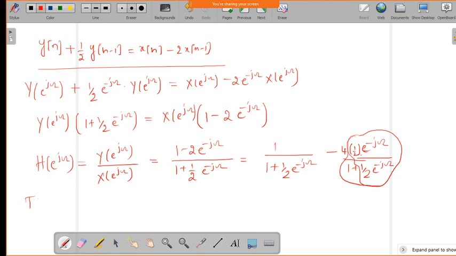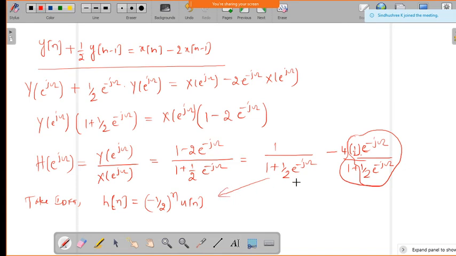So now you take the inverse DTFT. Okay, so you will get h of n. Now what is h of n? Here the plus is there, so we will get minus half power n into u of n for this one, and for this one minus 4 into half power n minus 1 into u of n minus 1.